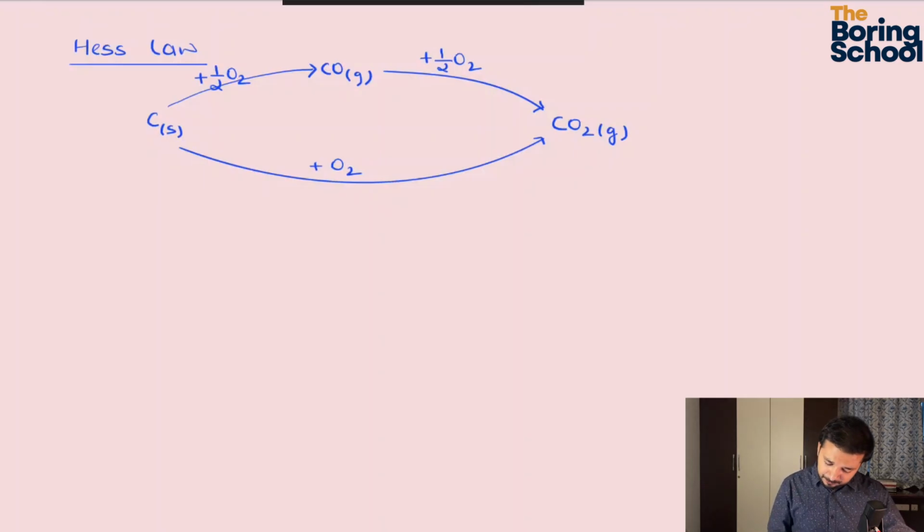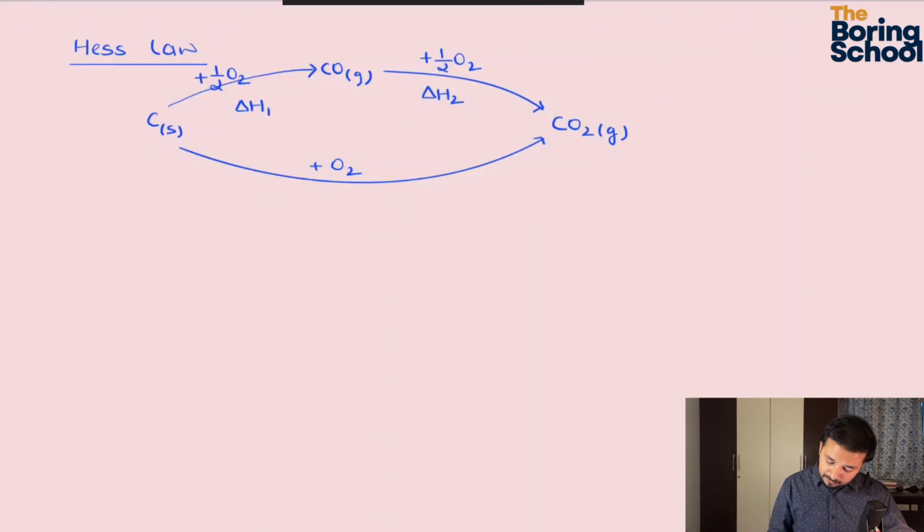Now let us say in the first path, delta H1 is the change in enthalpy when carbon is converted to carbon monoxide, and delta H2 is the change in enthalpy when carbon monoxide is converted to carbon dioxide.